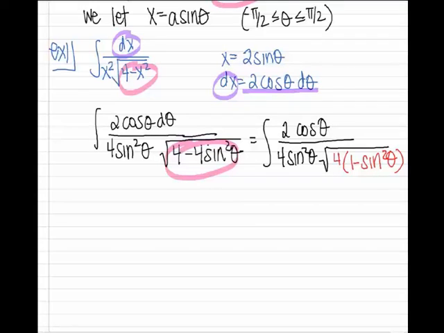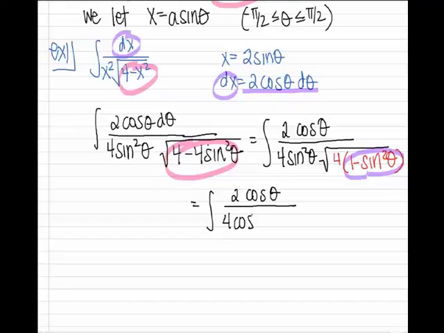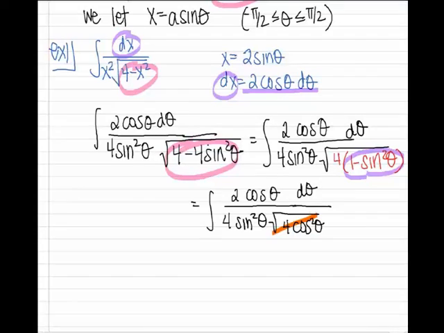Now, what do you guys know about 1 minus sine squared theta? What is that equal to? That is a cosine squared theta. So I'm going to take my time and write out all the steps here. This is going to be a 4 cosine squared theta. And you should notice that the square root of 4 cosine squared theta is going to be 2 cosine theta, which is going to completely cancel out.